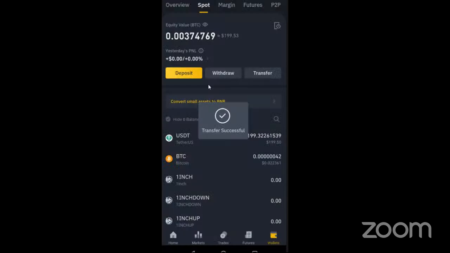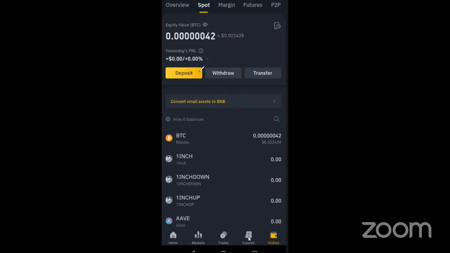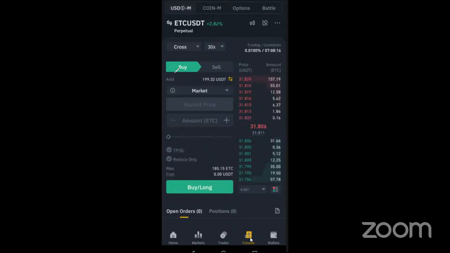It has taken money away from our spot wallet and moved it to our futures wallet, and then we can go back to our futures wallet. As you can see right here, we have our outstanding balance, the balance of our wallet to be able to trade on the futures market.